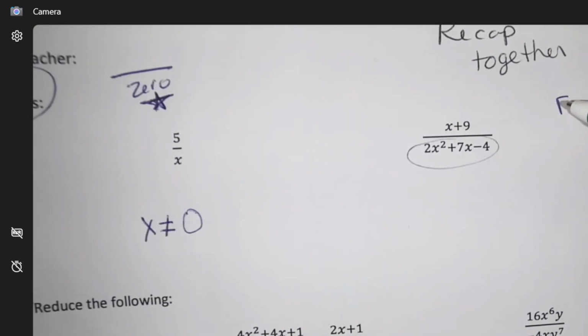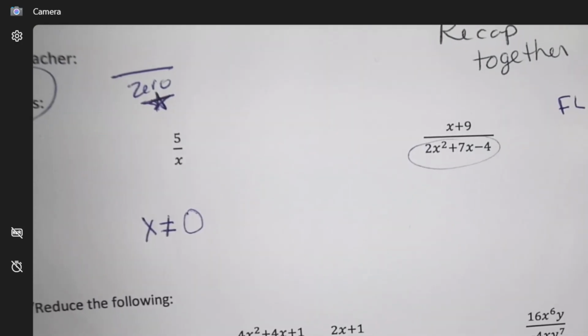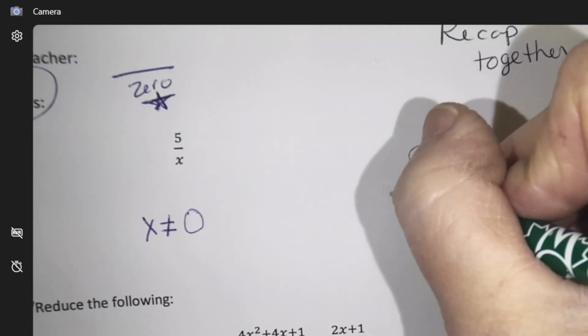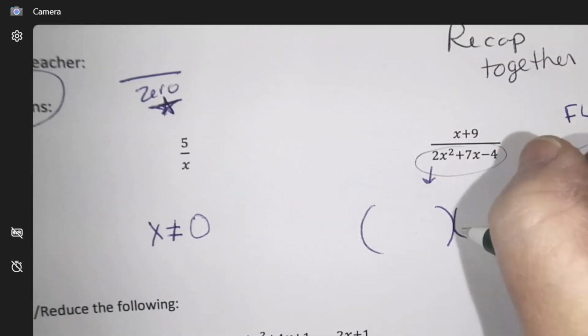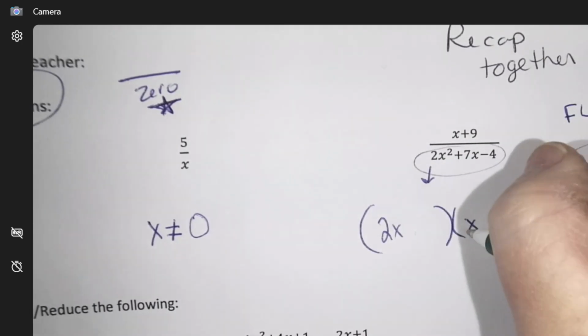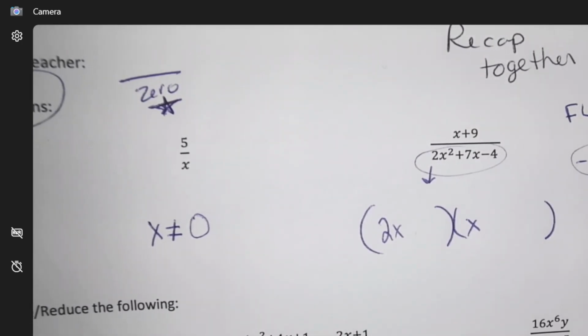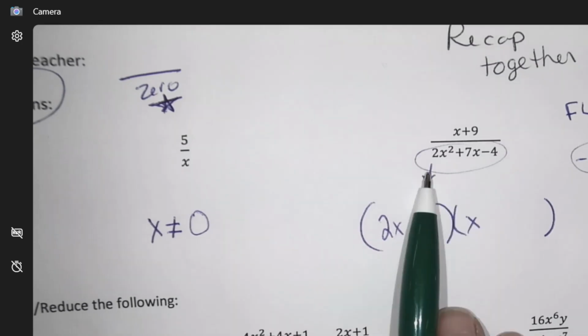So I'm going to go FLA is -8, and I'm going to use a 1 and an 8 here to get a 7. So I know that the first has to be 2x and x, because that's it.